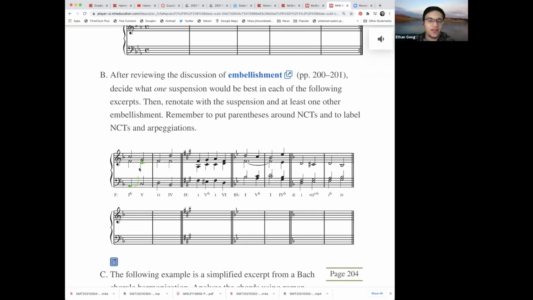Yeah, chord note F, and then you can just go to the E. That's exactly what the book did. Perfect. And it's so predictable.